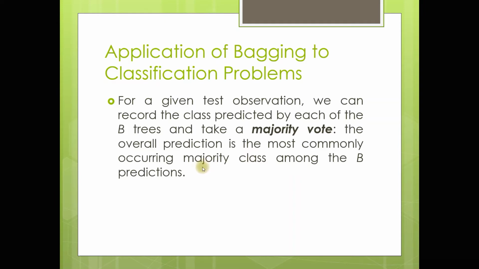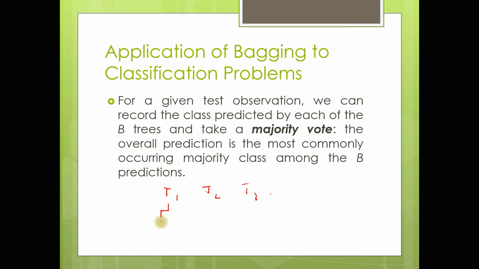Let's suppose you have tree 1, tree 2, tree 3, and so on. Each of these trees, based on a certain region, will produce a predicted class. They will predict a certain class for a certain partition of the data.